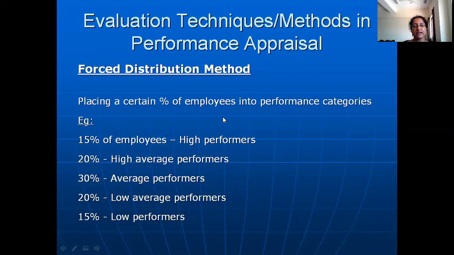Compulsorily, out of 100 employees who are there working in your company, according to forced distribution method, out of those 100 employees, compulsorily 15 employees have to be put in high performance. Compulsorily 15 employees have to be put under the low performers. It is compulsory.